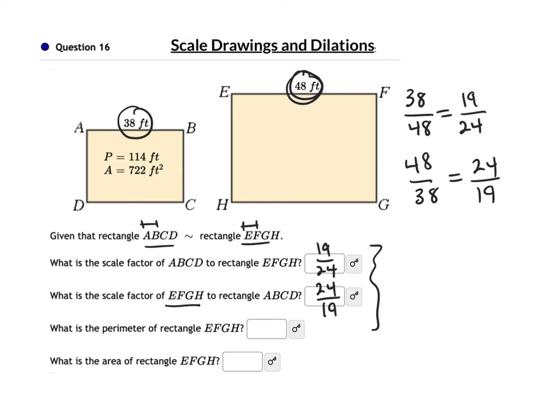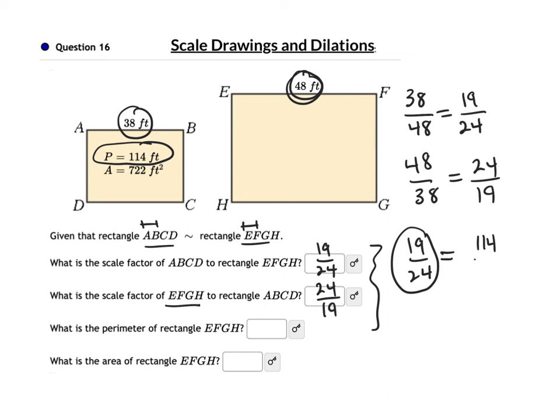What is the perimeter? We know the scale factor is 19 to 24, and we know the perimeter of the small one is 114. A scale factor is any two corresponding lengths that you can measure with a ruler. Could be the diagonals here, it could be any corresponding sides, it could be the perimeters, and that's what we're using.